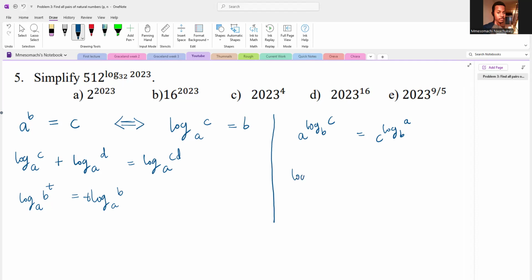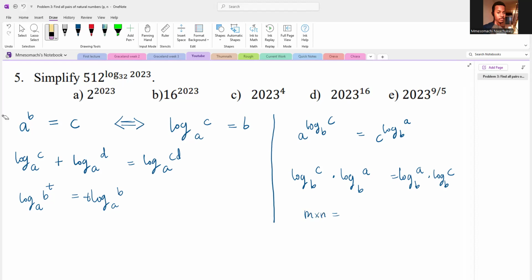So let's look at this multiplication. If you say log to base b of c times log to base b of a, this is equal to, so we know that multiplication is commutative. So basically what I mean is m times n is equal to n times m.